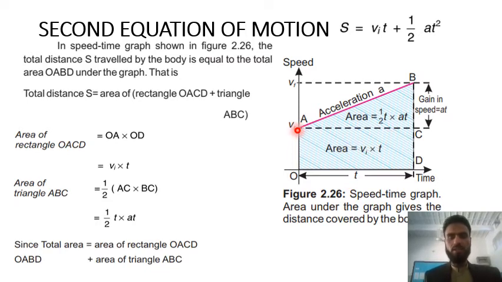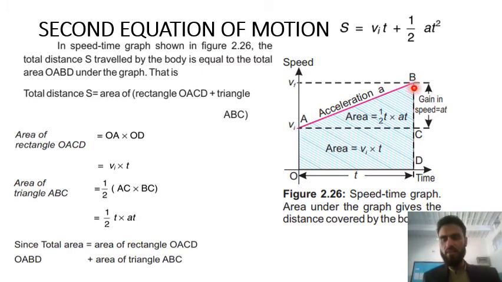Now similarly, if we find the area of the triangle, what will we do? We will multiply AC with BC and divide by 2, because it is half of the rectangular area. If we multiply this line with this, it will give us the area of the rectangle.